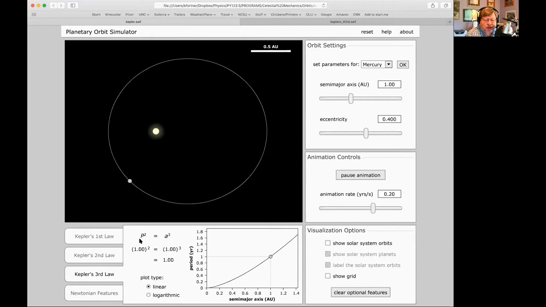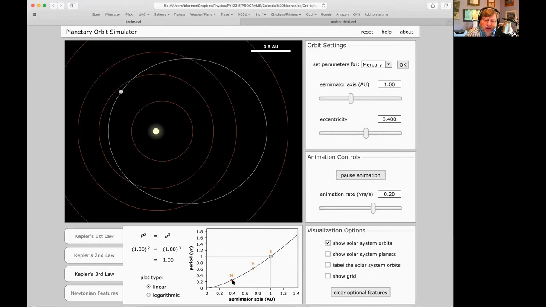And if you measure the period in years and the a in AU, then this is exact. So p squared equals a cubed. This is for the Earth and solar system orbits. And there's Mercury and there's Venus. Notice that they follow that curve exactly.